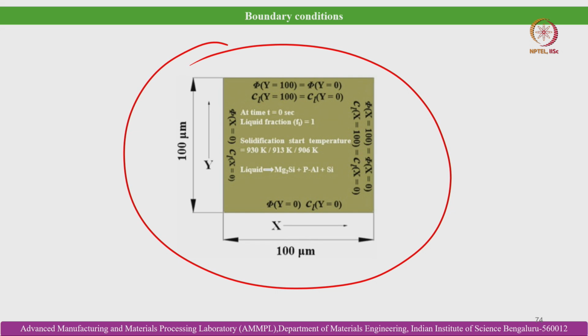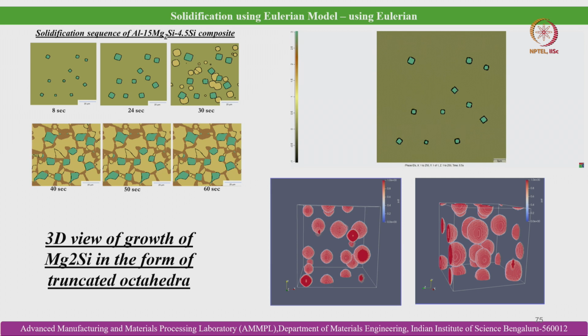Also the concentration values are shown, that is CL at the boundaries, that is at y is equal to 0 and at y is equal to 100. It is defined as the liquid concentration, the solute concentration in liquid, that is CL. Okay.